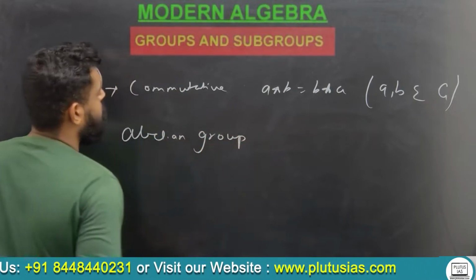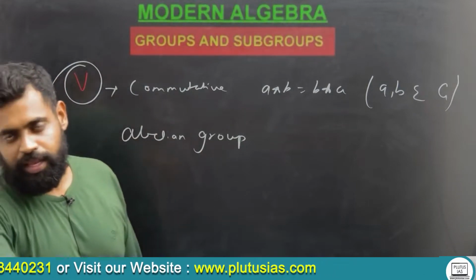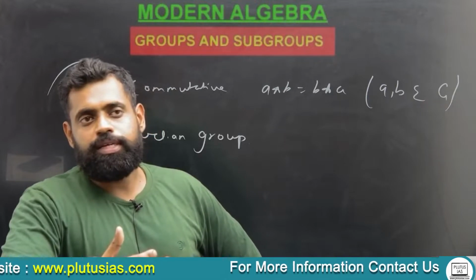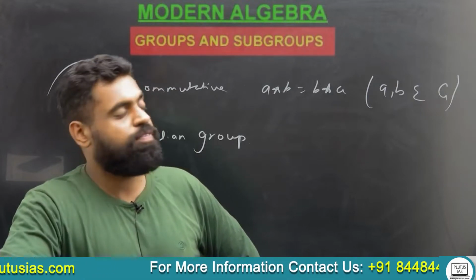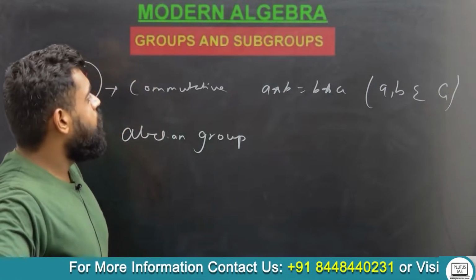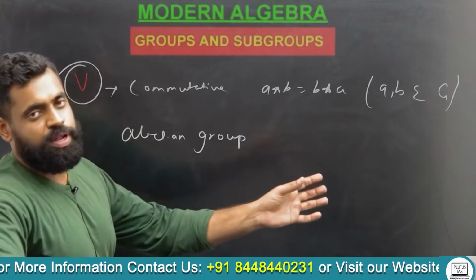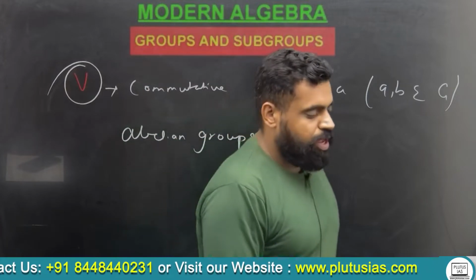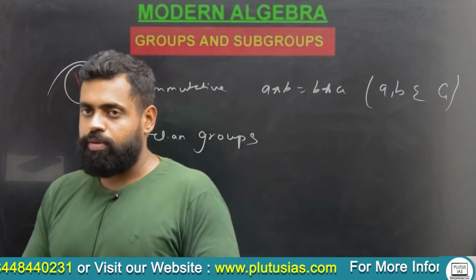So four properties must be proved for a set to be called a group, but if this fifth property is also satisfied, then those groups are called abelian groups.